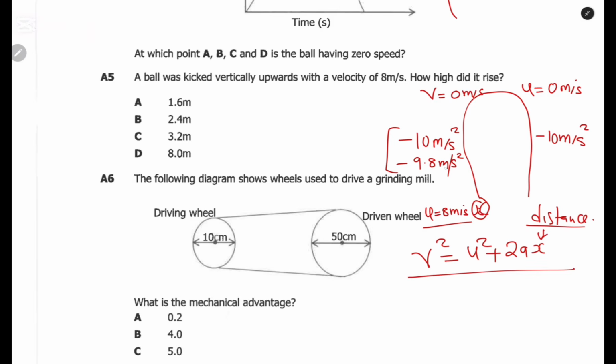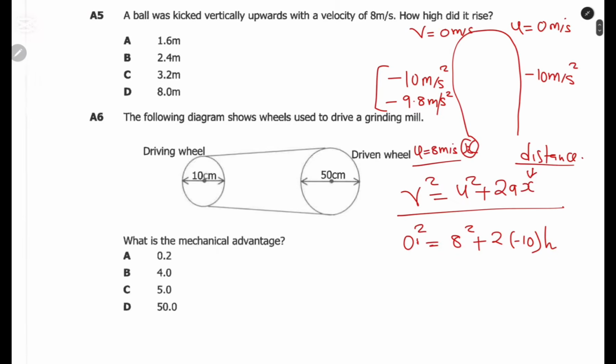We need the formula that has acceleration in it and velocity, that is the initial and the final. So the final velocity here is 0 meters per second. So 0 squared equals initial 8 squared plus acceleration, here is -10, times height, which is h. So now what happened here is that this is 0, this is 64, and this is going to be negative 20h.